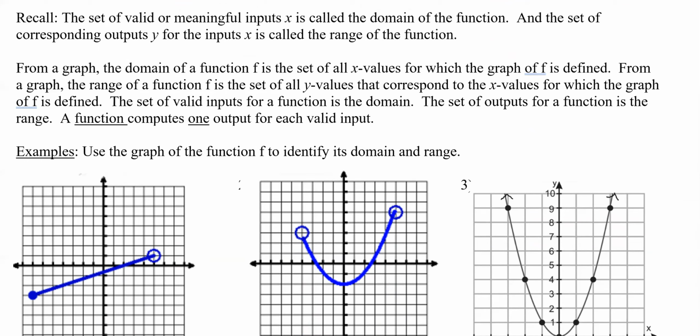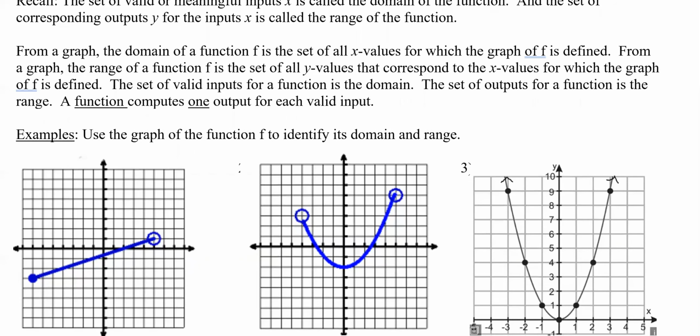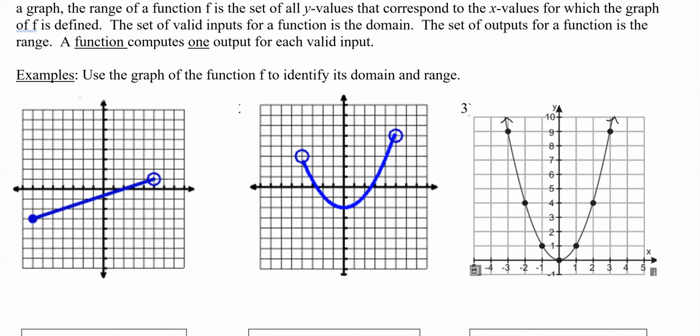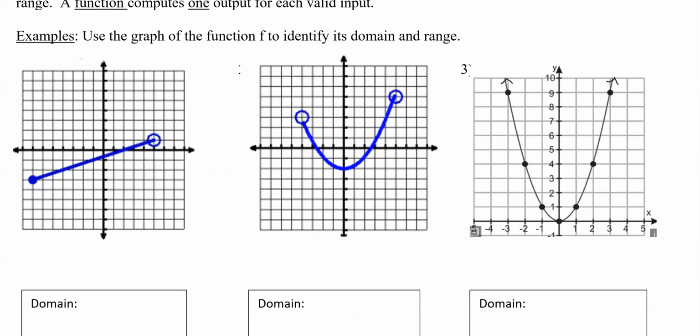So domain are your x values, range are your y values. And you can read the important information at the top of the screen. Remember, the handouts are also available in Ivy Learn.